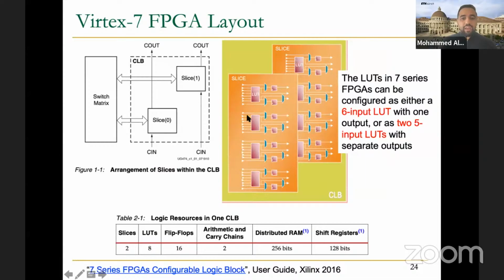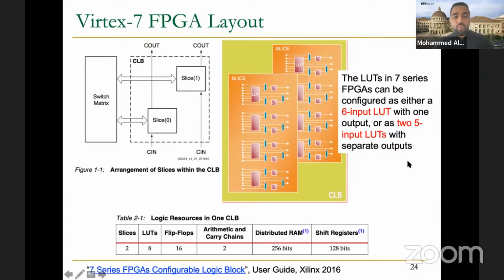In their Virtex-7 family, you can see a single CLB, or logic block, has 2 slices, and in a single slice we have multiple lookup tables. Each lookup table has 6 inputs, and you can configure it as a 5-input one if you need 2 outputs.